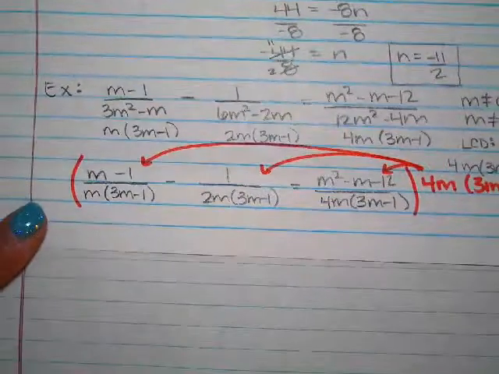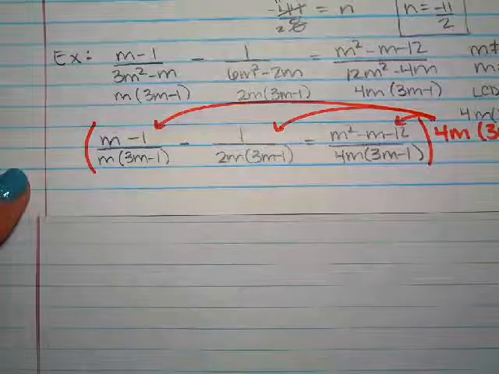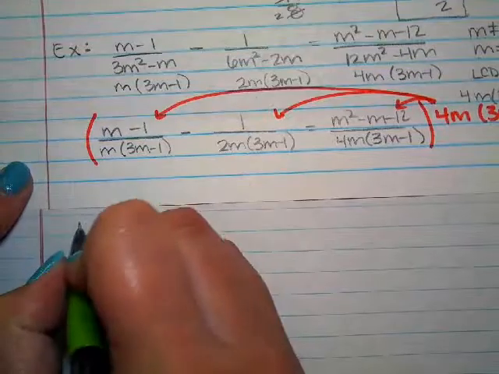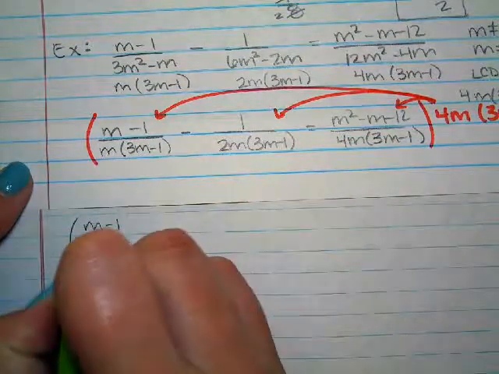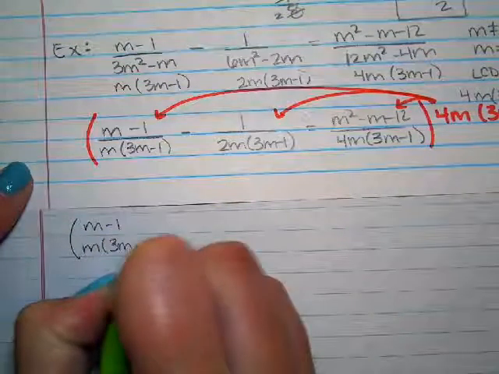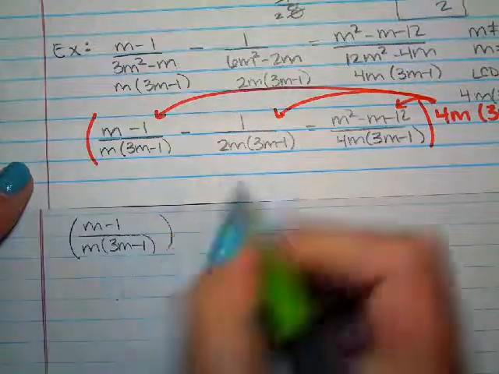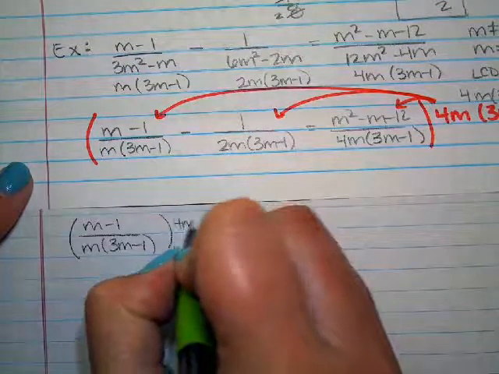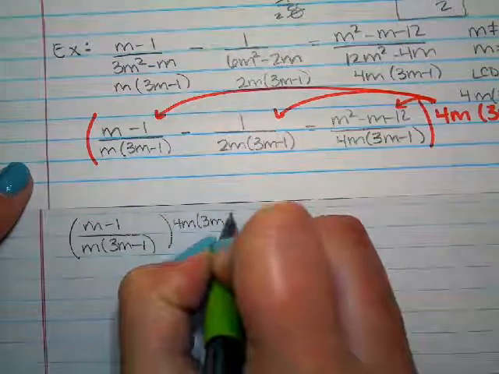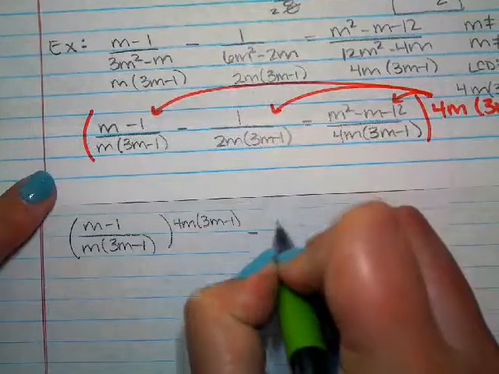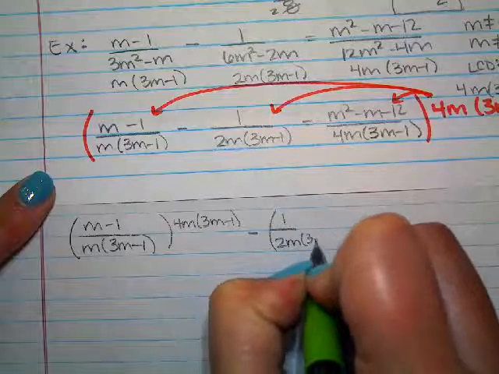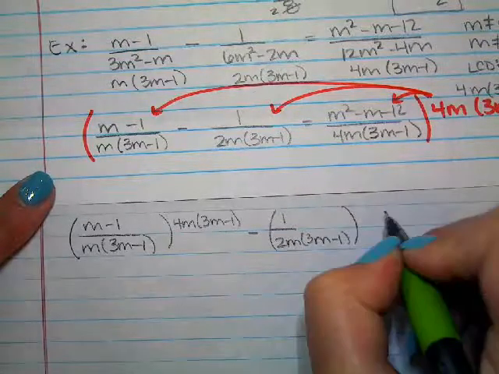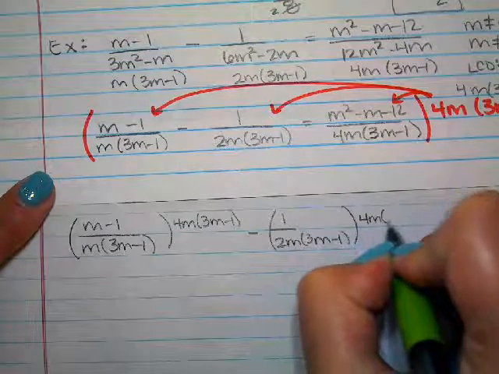And so for the first term, I've got m minus 1 over m times 3m minus 1, and that's being multiplied by 4m times 3m minus 1, minus 1 over 2m times 3m minus 1 times 4m times 3m minus 1.